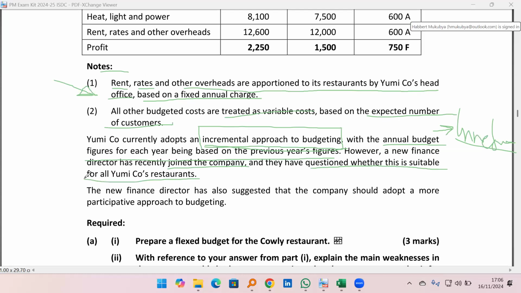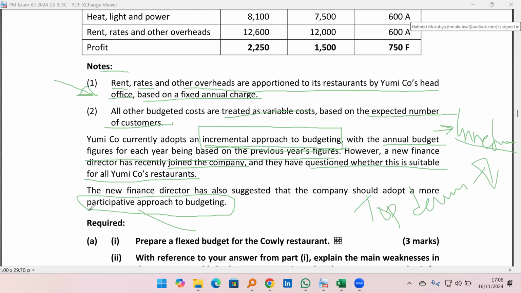So maybe they're saying that some restaurants are okay, but others maybe not so much. So he also suggests that the company should adopt a more participative approach to budgeting. Now, what is happening currently is what we call the top-down, whereby head office sends you the budget, you read through the budget, you start doing the budget without any input from your side.